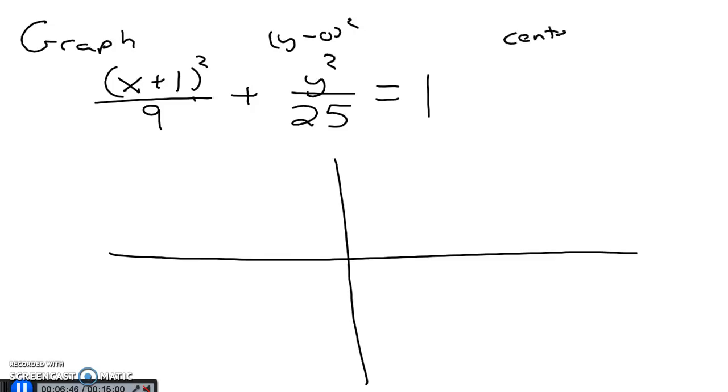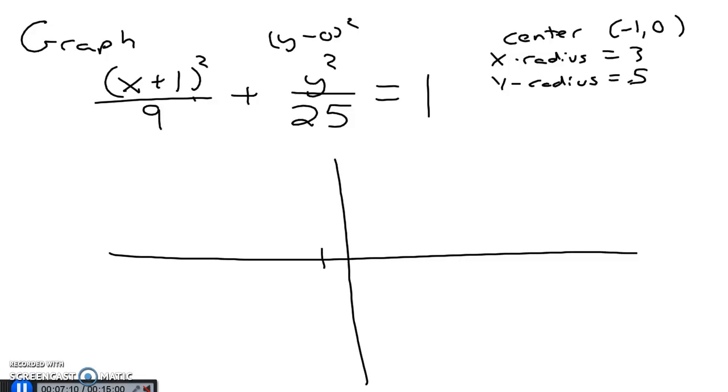So we have a center at (-1, 0). We have an x radius being the square root of 9, which is 3. We have a y radius, which is 5, which is the square root of 25.